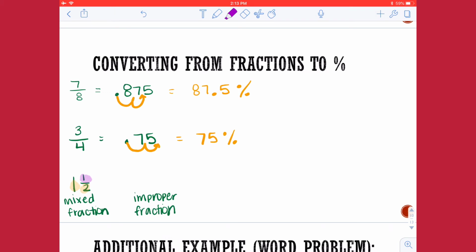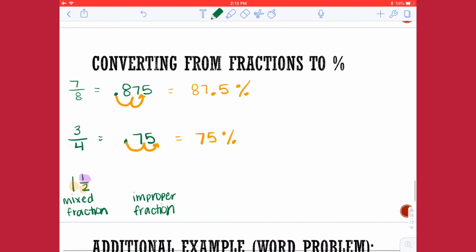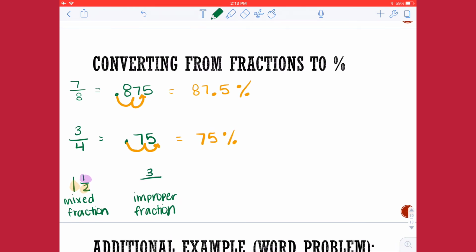So I've done that in orange. 2 times 1, which is 2, and then I'm going to add in the numerator in purple, so 2 plus 1 is 3, over the denominator that was already there, so the denominator does not change. So all that multiplying and adding is to help you get the number that is going to be in your numerator, and whatever value is in your denominator stays the same.